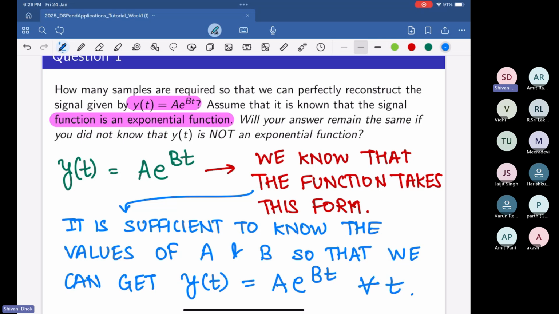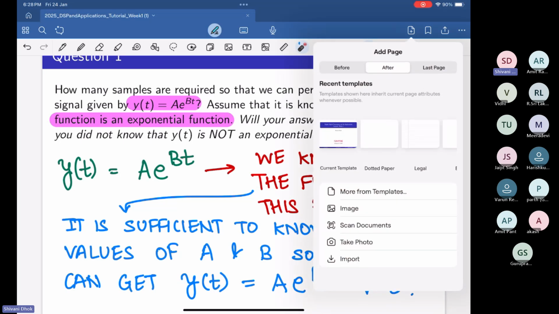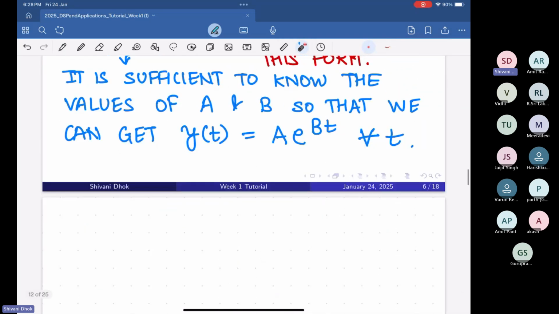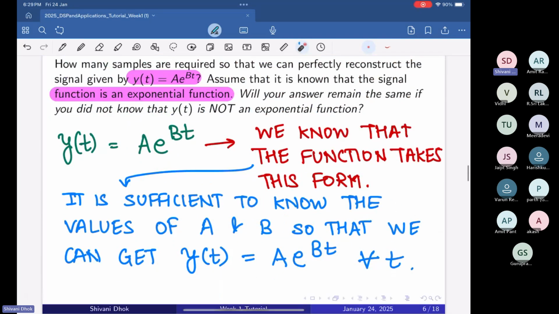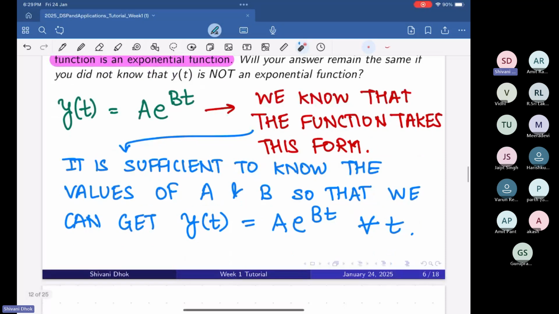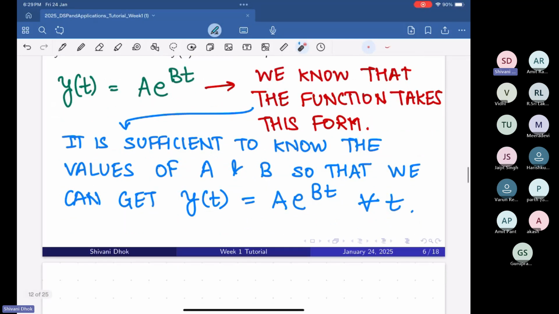Now there are only two unknowns, A and B. So in order to find two unknowns, how many samples are sufficient? Two unknowns and two equations are more than sufficient to reconstruct perfectly this entire signal y of t for all the values of t.